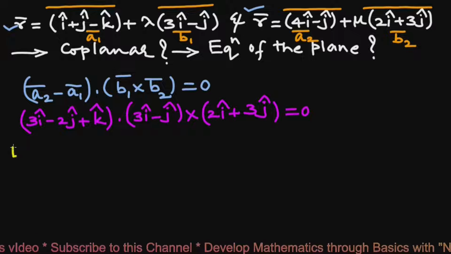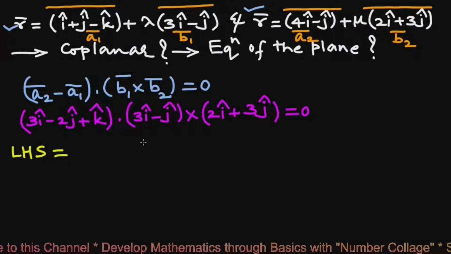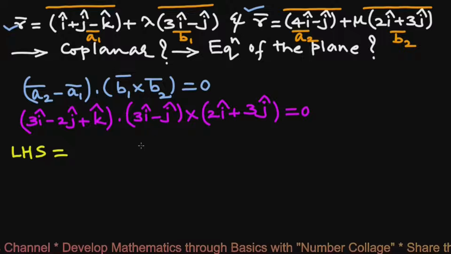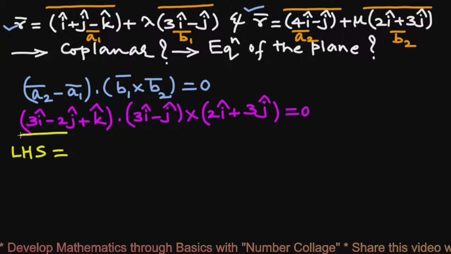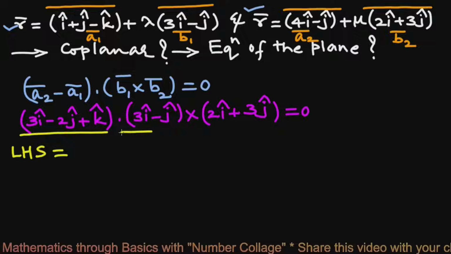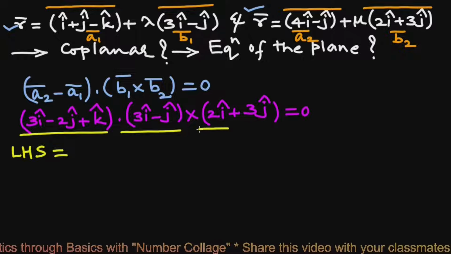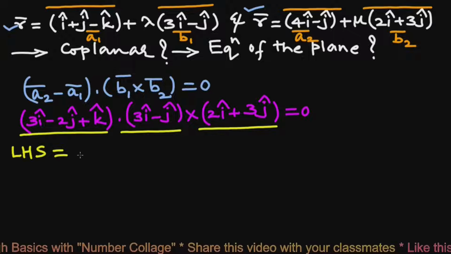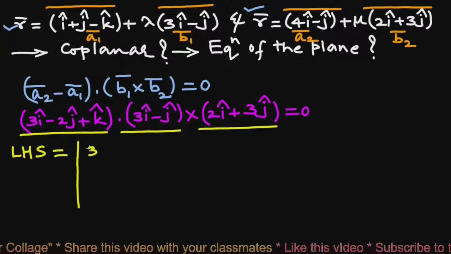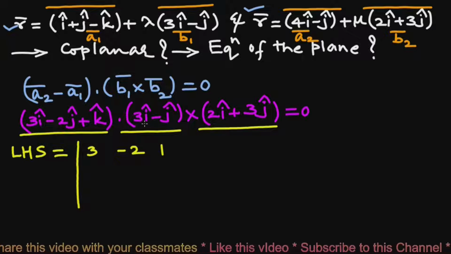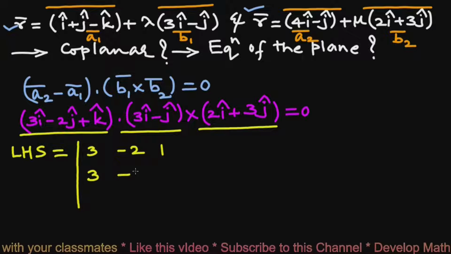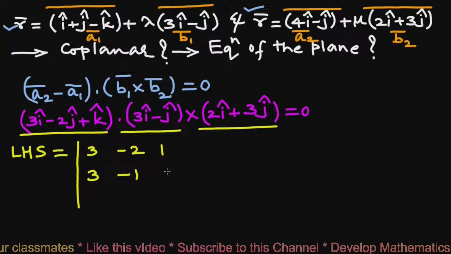Now the left hand side here is nothing but the scalar triple product or box product of (3i cap - 2j cap + k cap), (3i cap - j cap), and (2i cap + 3j cap), which will be a determinant |3, -2, 1; 3, -1, 0; 2, 3, 0|. There is no k here, so 0.